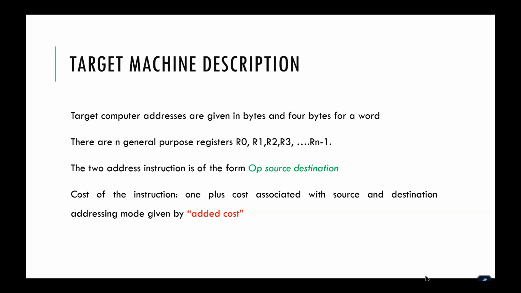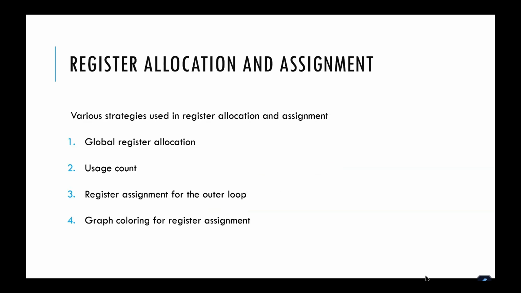Next we have register allocation and assignment. We're going to be assigning the registers and allocating the registers. As we know, the use of register operands instead of memory operands is always faster and shorter. So we are going to be using registers here instead of memory. This also means that proper use of registers helps in generating good code.